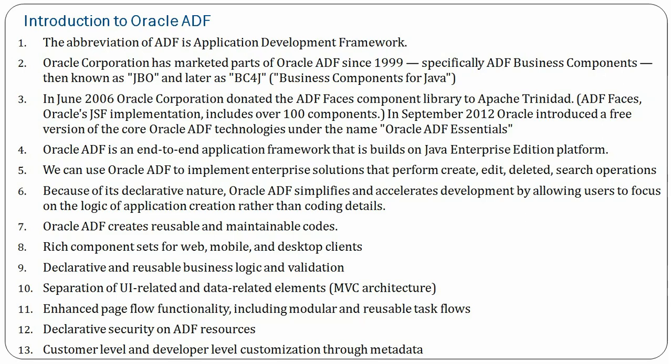So next time when that same user logs in, he will be able to see only 3 columns instead of 4. But at the same time, when other users log in, they will be able to see all the 4 columns. This is something we call customer level and developer level customizations. Even this is very much possible in Oracle ADF, and for this, we have a concept called Metadata Services.